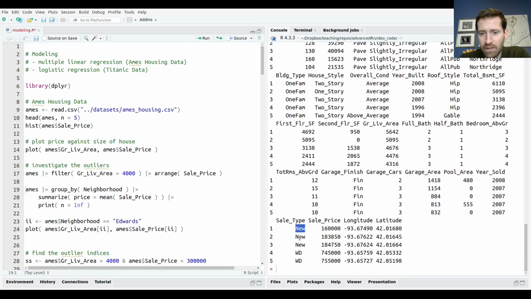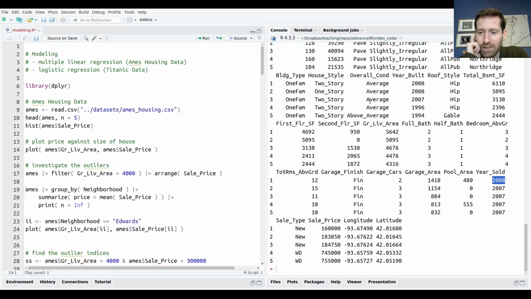The sale type is new, and that makes sense because year sold is pretty much the same as year built. However, the overall condition is average. It's kind of strange to say that a brand new house is in average condition. So that's a bit weird.